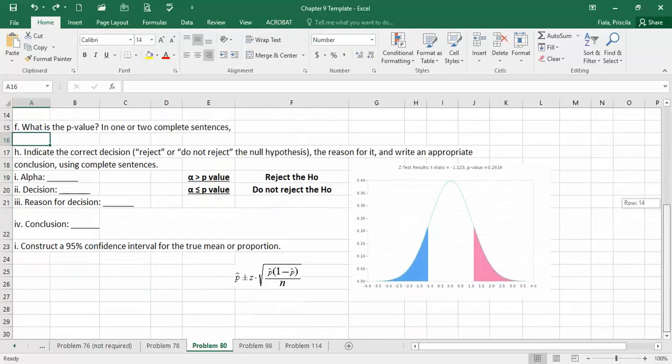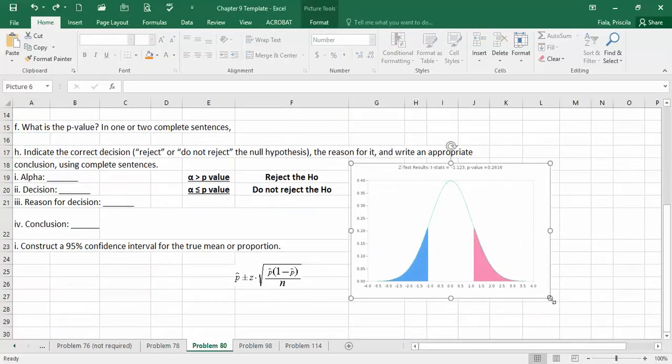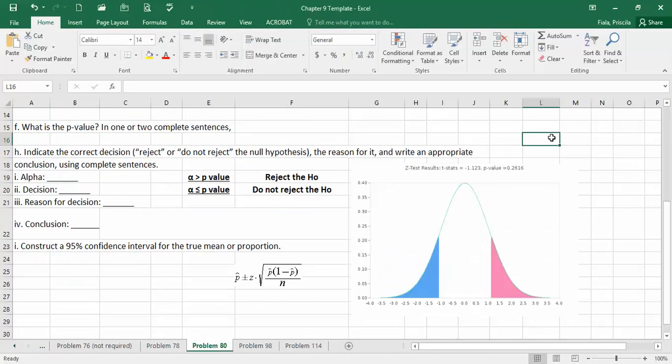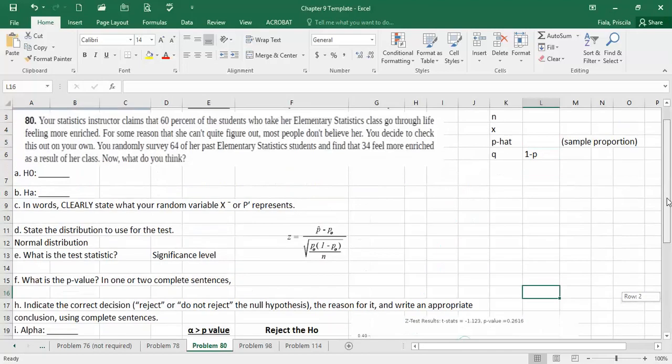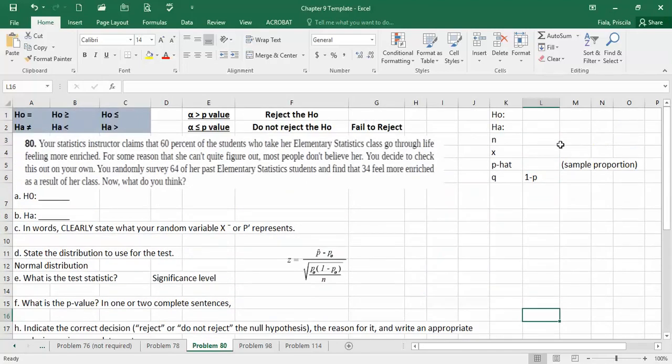Okay, and also I worked on the problem before, so I could have put a graph together. And as you can see, we're going to be working with a two-tailed test right here. Another important thing, we're going to need n, we're going to need x, we're going to need what they call the p hat, or the sample proportion.